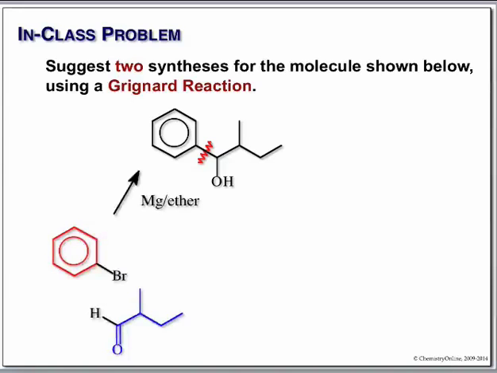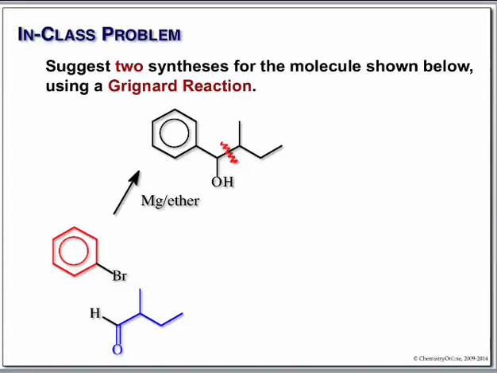Now that's one pathway. To get the other pathway, we just simply split at the other side. Now the carbonyl is on the left portion of our molecule, and this stuff over here was added by the Grignard. Go ahead and draw the carbonyl. Again, it's going to be an aldehyde.